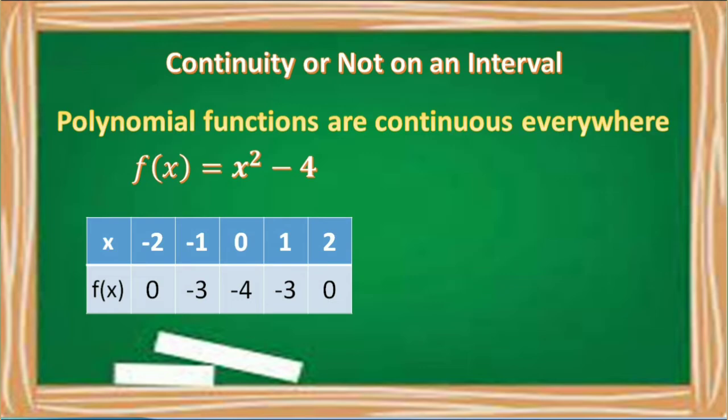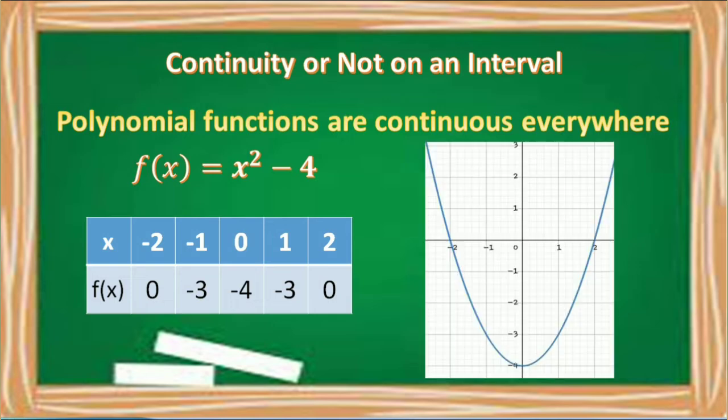If x is 2, then f of x equals 0, because 2 squared is 4. Then 4 minus 4 equals 0. If we are going to sketch the graph, we have a parabola, which is continuously going upward.